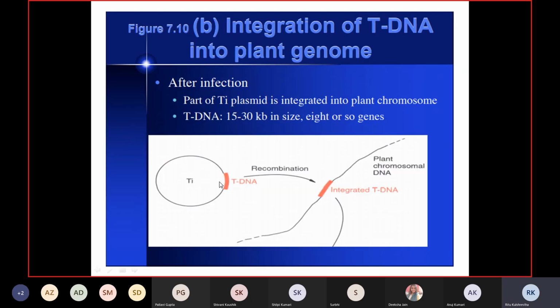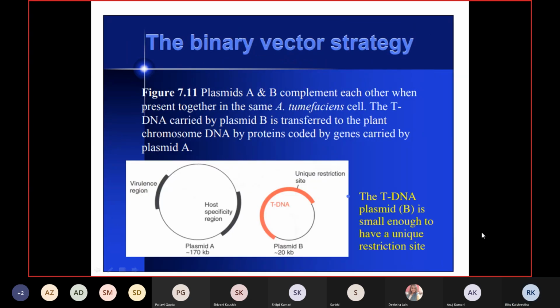What's happening is that if we clone our gene of interest here, then there is a very good chance that it can be integrated into the plant chromosomes. So this is the binary vector strategy. I hope it is clear.